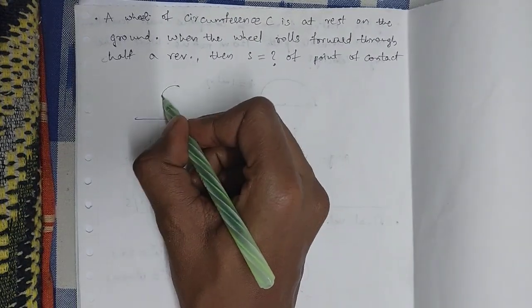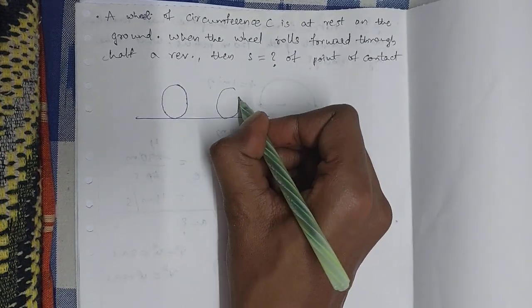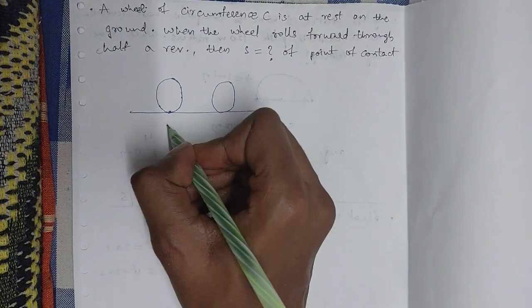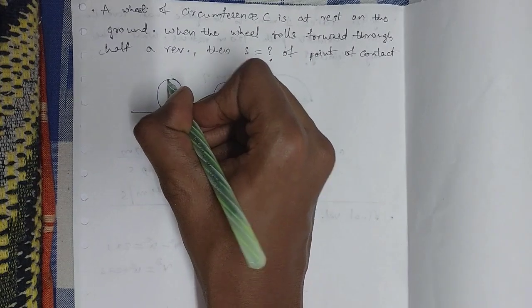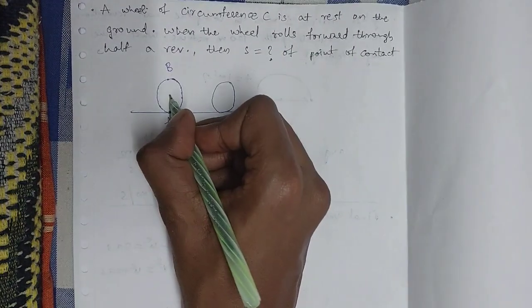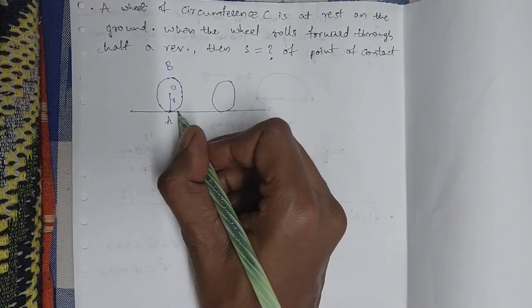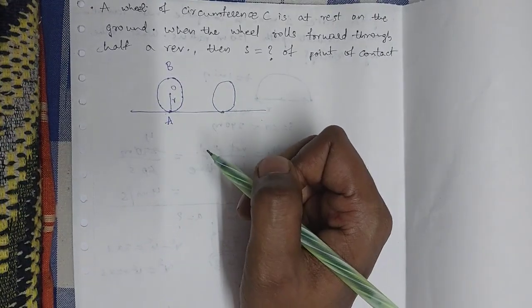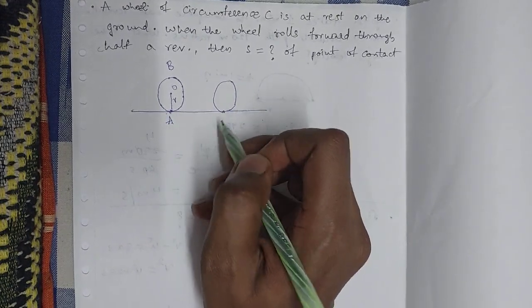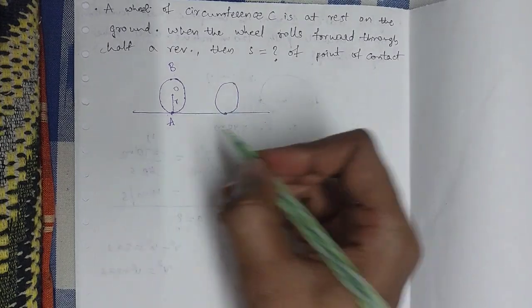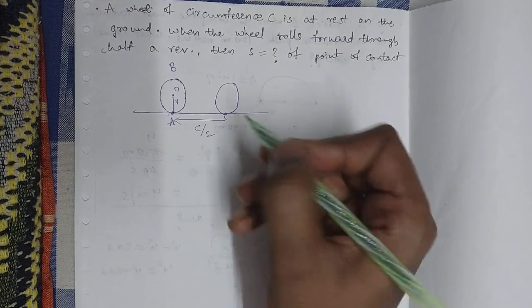If we consider a wheel, the initial point of contact with the ground is A, the opposite point is B, the center point is O, and this is R. If it travels half a revolution, then the distance traveled by the point of contact on the ground is half of the circumference.